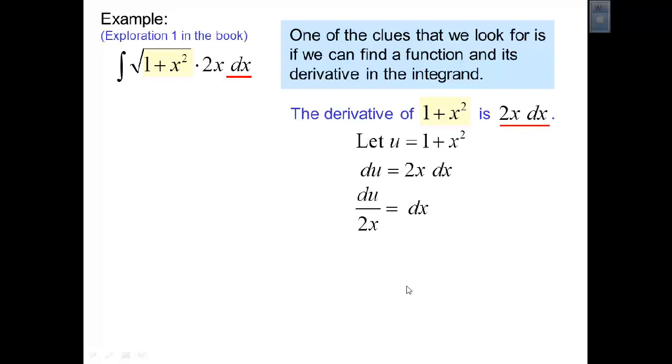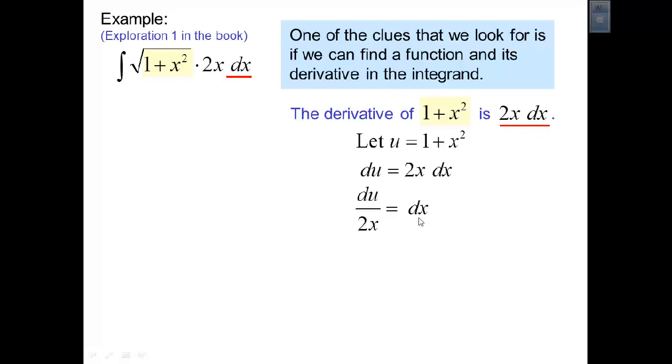Now, another way that you can do this is you can always solve for your dx, and plug that in right there. This is just another way, and if they don't match up exactly the same, like this one matched up exactly right here, that's a good thing. We can recognize that we're going to put du in here. They're not always going to match up exactly. So sometimes you solve to the point where you leave dx on one side all by itself.